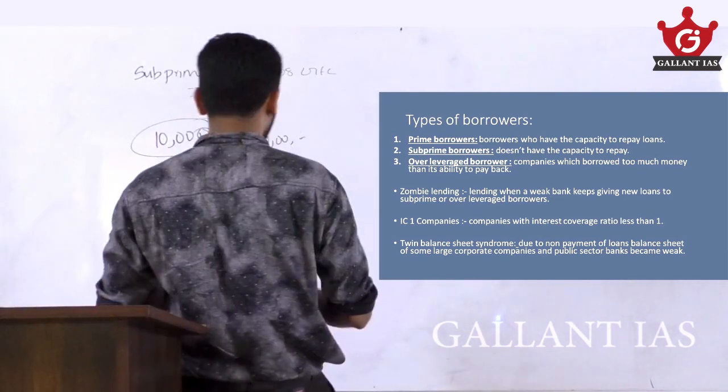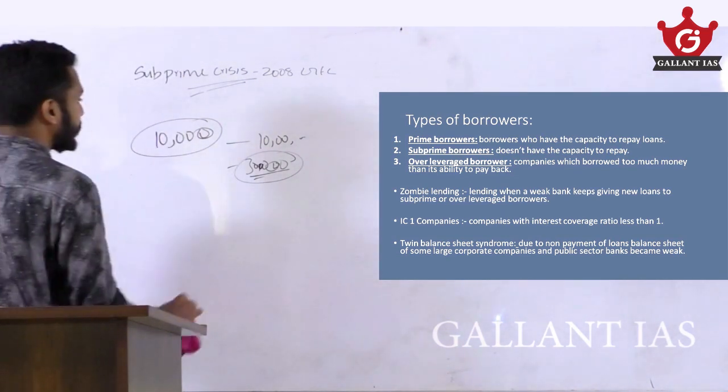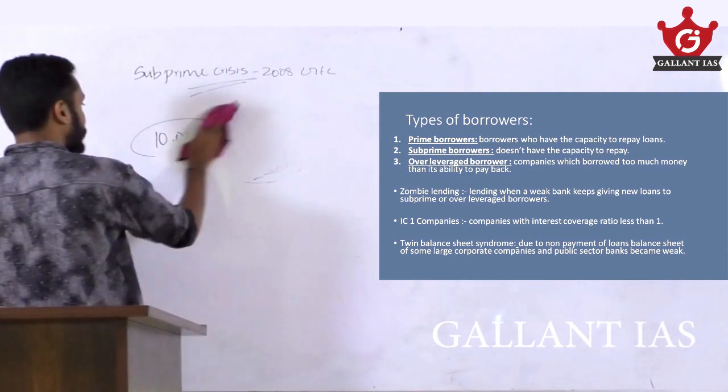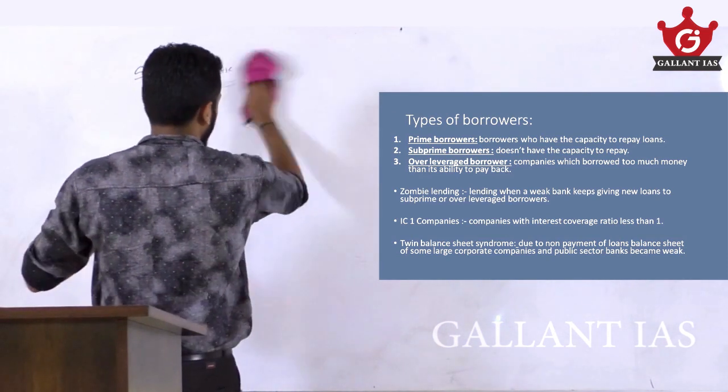Over leveraged borrower. If subprime borrowers are individuals who don't have the capacity to repay loans, then over leveraged borrowers are companies who don't have the capacity to repay loans.